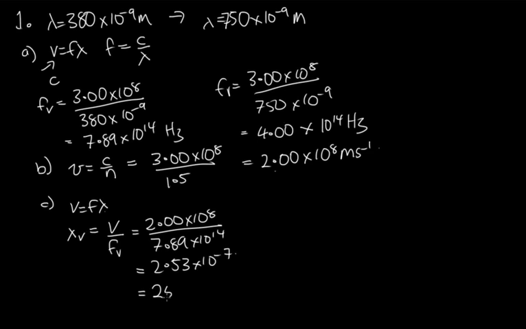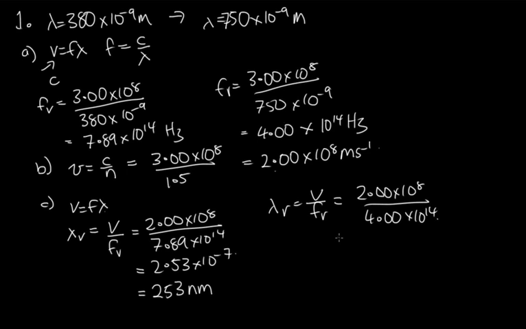This is 253 nanometers. And then for the red light, lambda for red is equal to v over f red, which is equal to 2.00 times 10 to the 8 over the frequency of red light, which is 4.00 times 10 to the 14. And solving this one on the calculator, we get 5.00 times 10 to the minus 7, so that is equal to 500 nanometers.